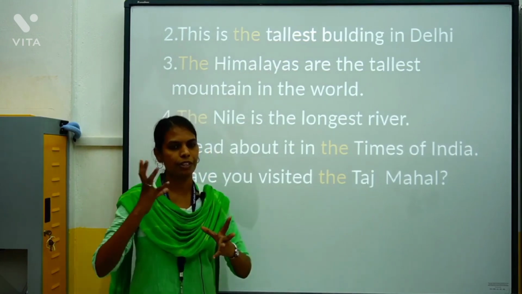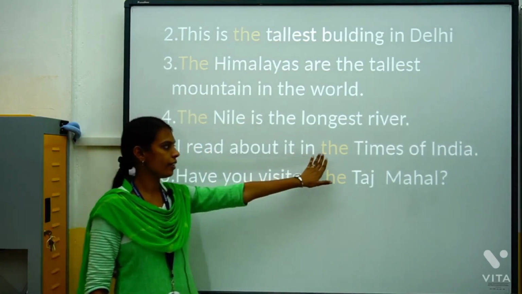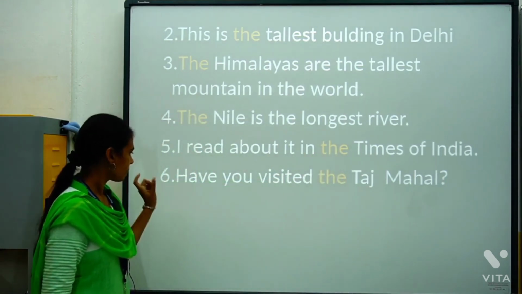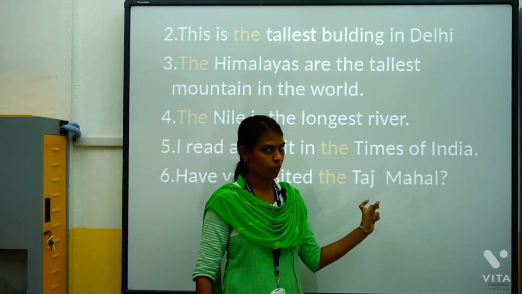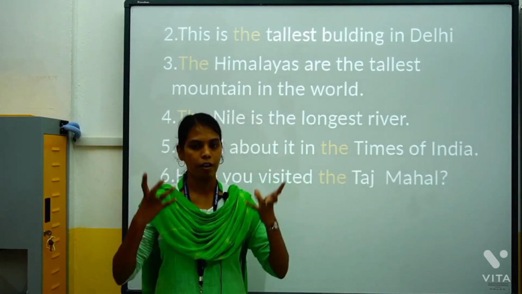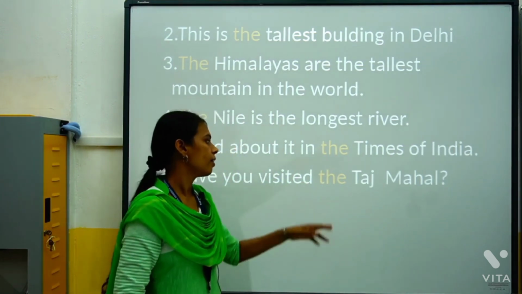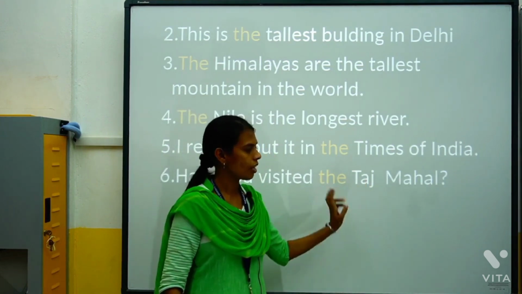When we talk about newspapers, there are many newspapers, so we can add the article there. Okay. Then, have you visited the Taj Mahal? The Taj Mahal is a famous place and a famous building. Therefore we can add the article "the" before the Taj Mahal, right?